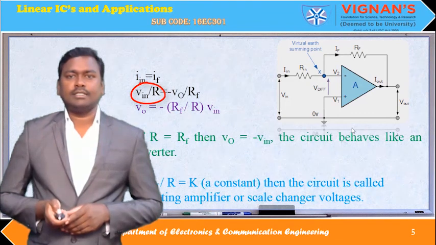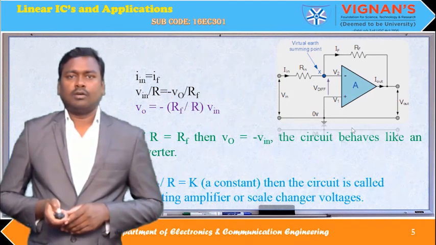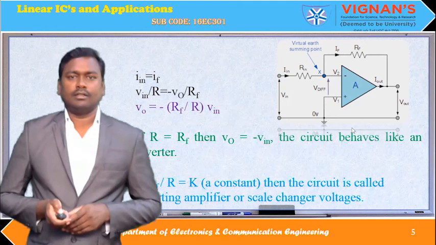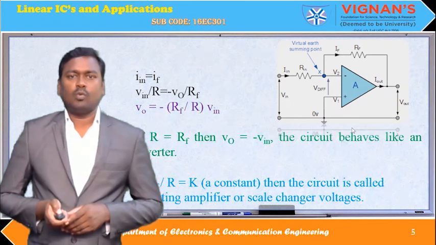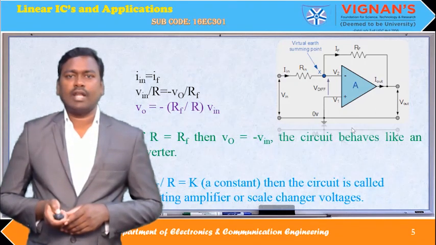IN can be written as Vin by R, IF can be written as minus V0 by RF. Therefore, V0 equal to minus of RF by R into Vin. Here, minus sign represents the output signal is 180 degrees phase shift with the input signal, and RF by R is the gain of an amplifier.